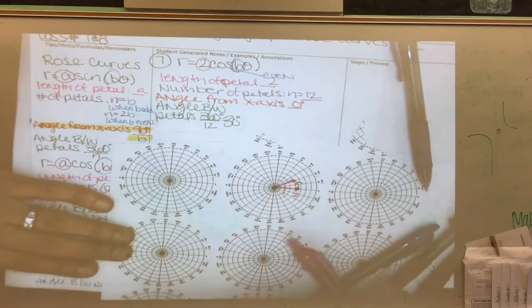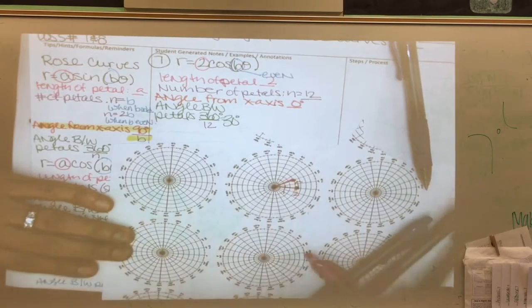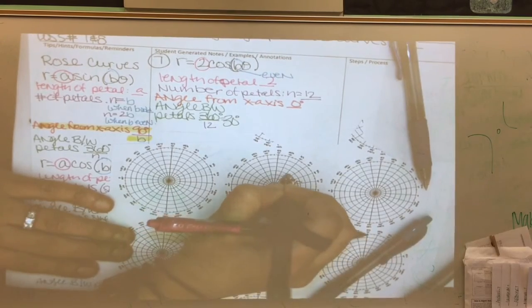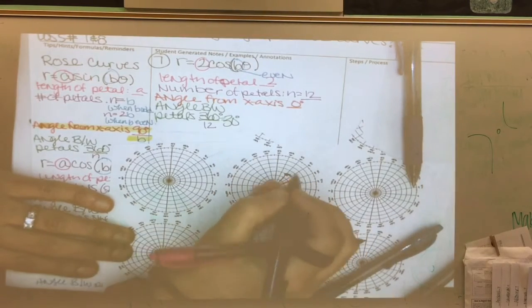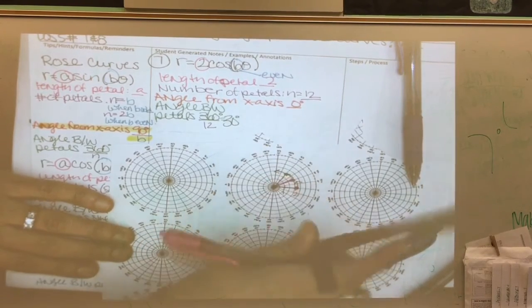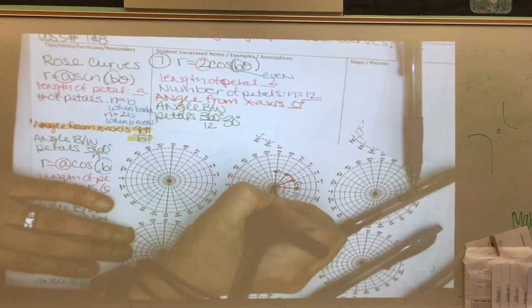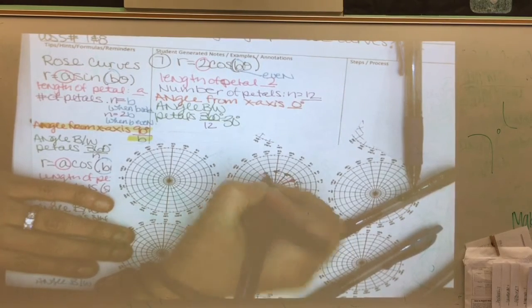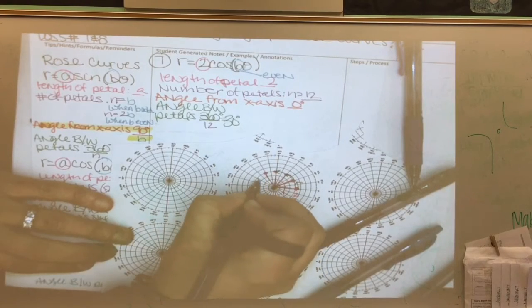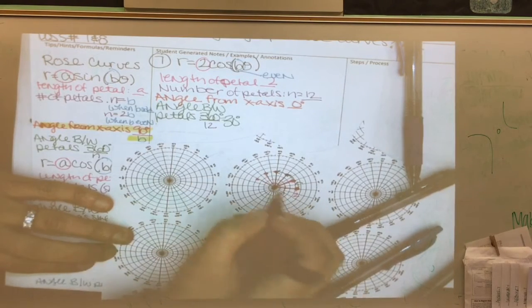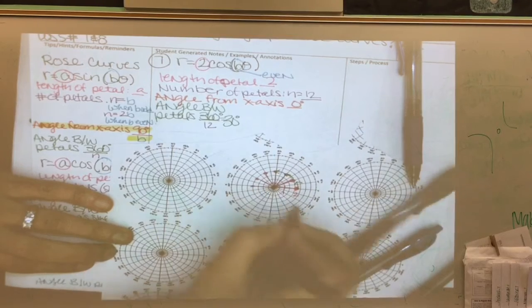So that's 30, 30 plus 30 is 60. 60 plus 30 is 90. Plus 30 is 120. Plus 30 is 150. Plus 30 is 180.